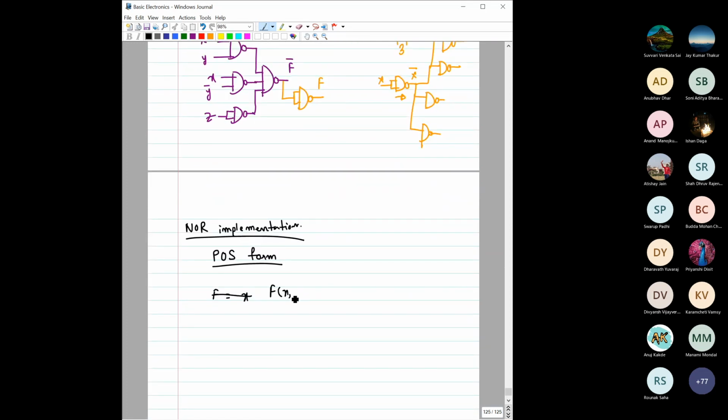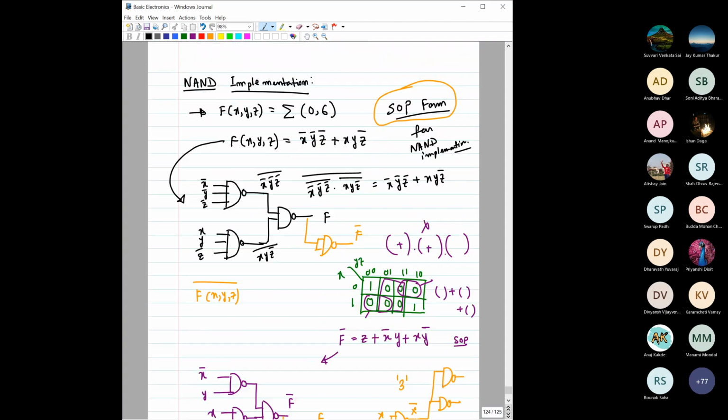It is given, and we have been asked to represent it using NOR gates. But we know that for NOR implementation, we have to express it in the product of sums form, right?